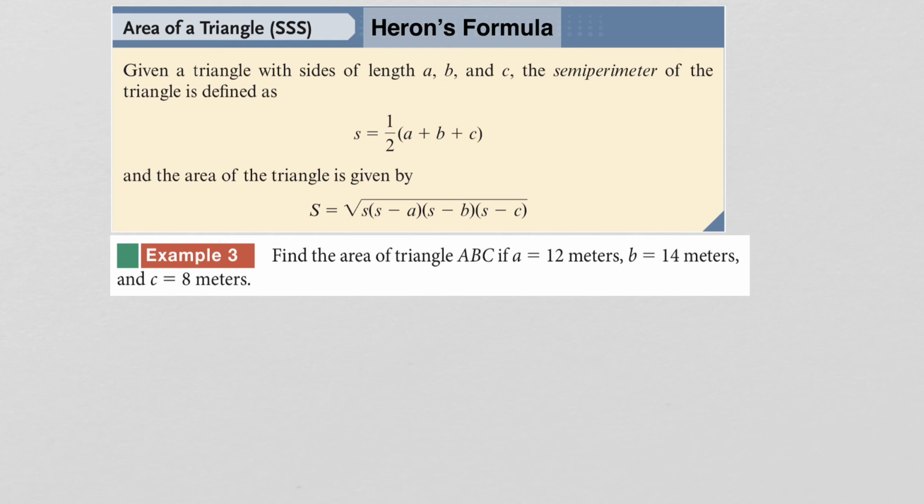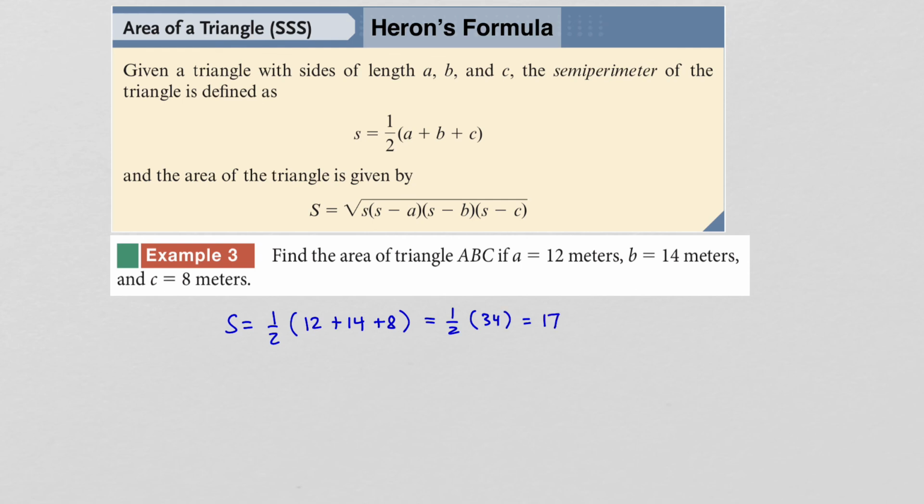So let's take a look at the example we have here. Find the area of the triangle with the 3 sides, 12 meters, 14 meters, and 8 meters. So first let's find the semi-perimeter, which is 1/2 multiplied by 12 plus 14 plus 8. If you do the math on this, this is 1/2 times 34, which is 17.